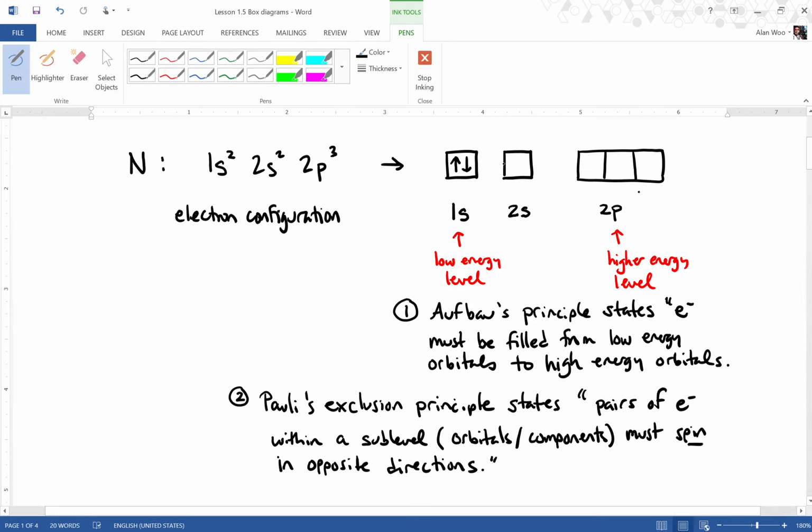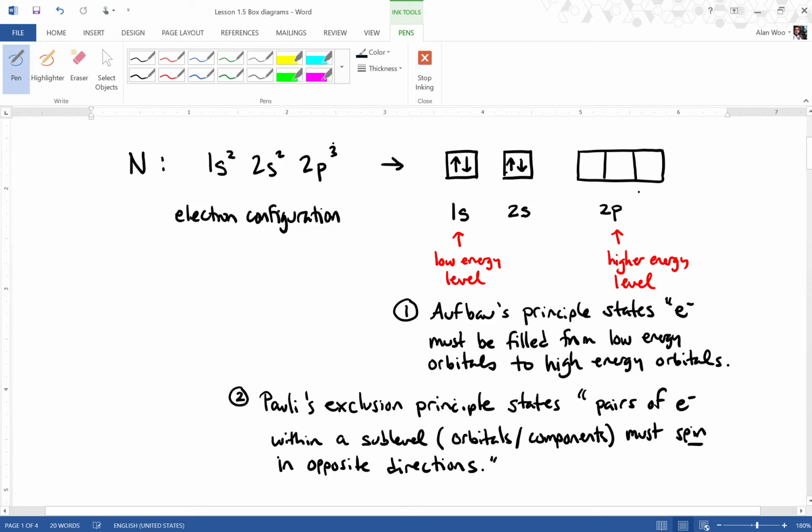You would never see me put two electrons facing the same direction like this. One of these arrows has to be facing in the opposite direction. So this part makes sense. Every time you see an s orbital, because they can carry two electrons, you would put two arrows in opposite directions.